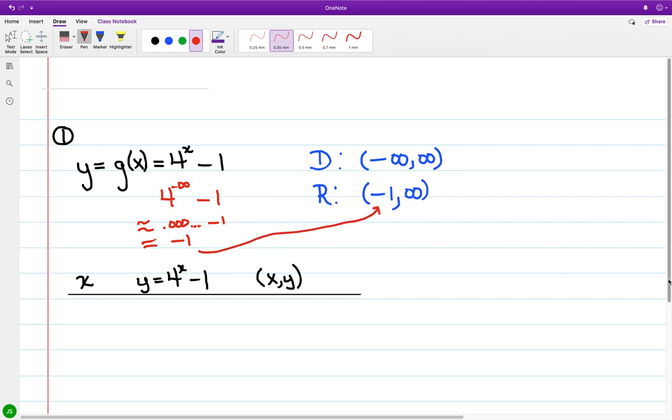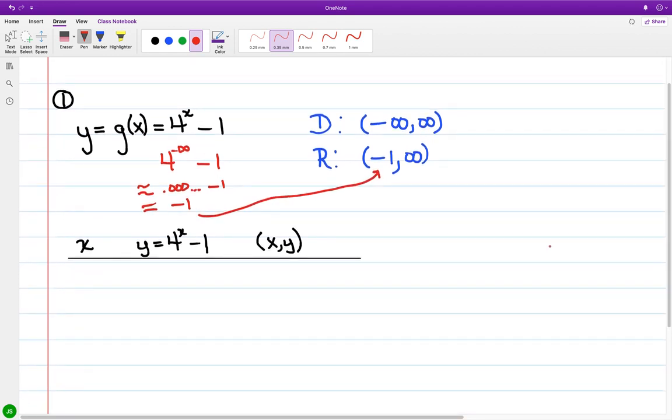Lining up what we have here, for the domain, the set of x values, you have the set of all real numbers. And for the range, you have the smallest possible value that is greater than negative 1, going all the way out to infinity.